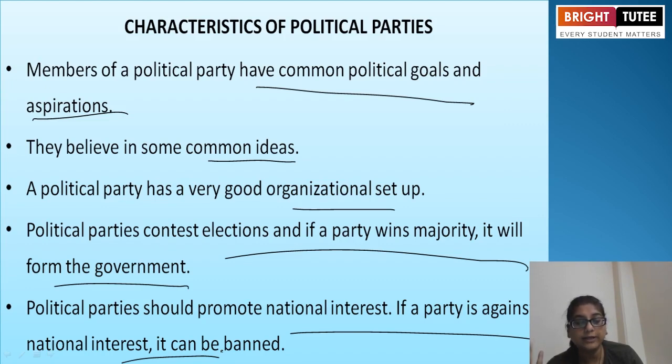Then organization and administration: they should have a good organizational setup. Any other characteristic of the party is its organization. The parties have their basic units in each village or town, then regional or state working committees, then the National Executive Committee, which consists of the most influential leaders of the party. Then they should have common ideas, goals and objectives.